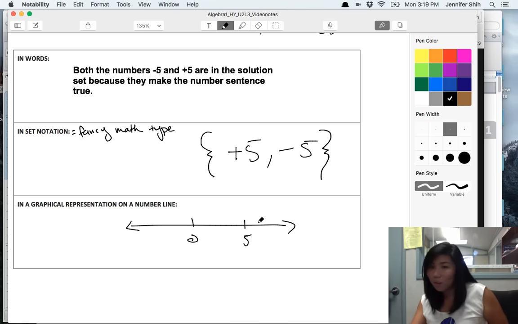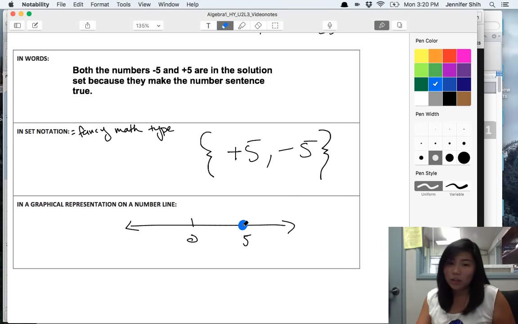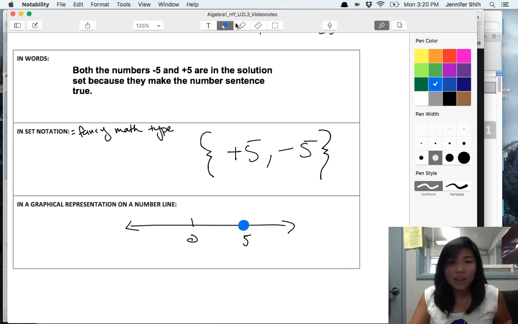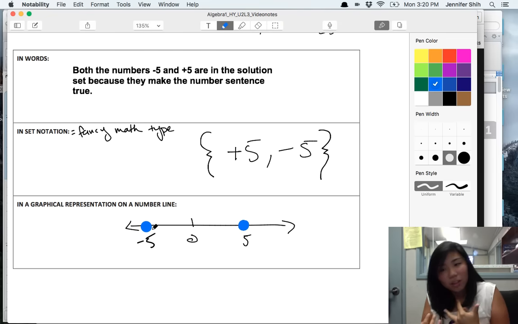I'm sketching a number line, and then I'm going to draw in my solution right here. There we go. Oh, wait. I have negative 5 too. So I have one more solution right here. So that's how you graph on a number line.